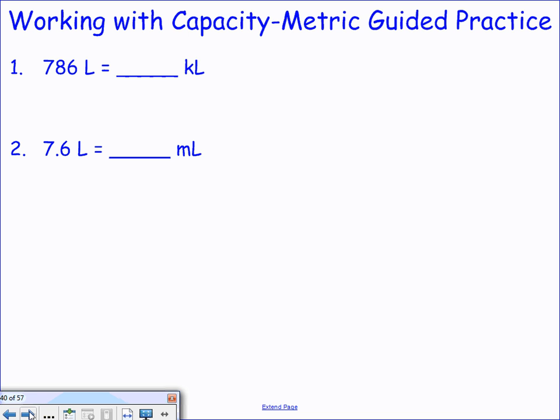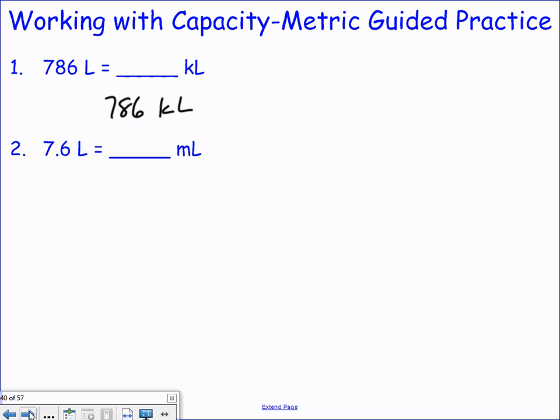Okay, so working with capacity, some guided practice problems here. I have 786 liters. Again, in the metric system, you do this the same way as we did for measuring length. I have 786 liters, and I'm going to convert that to kiloliters.